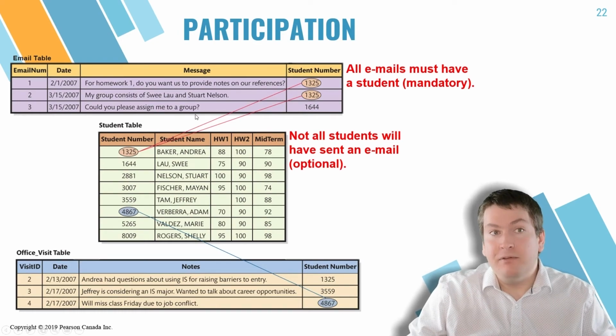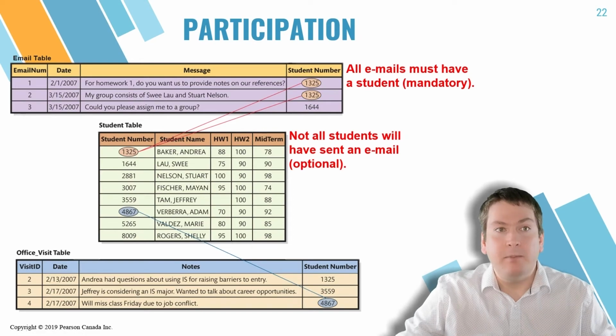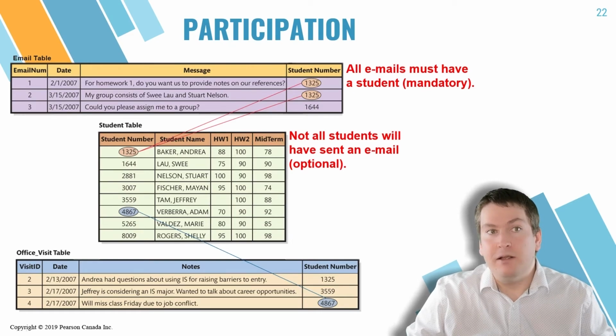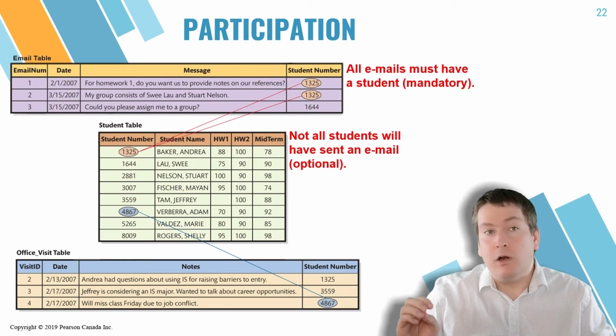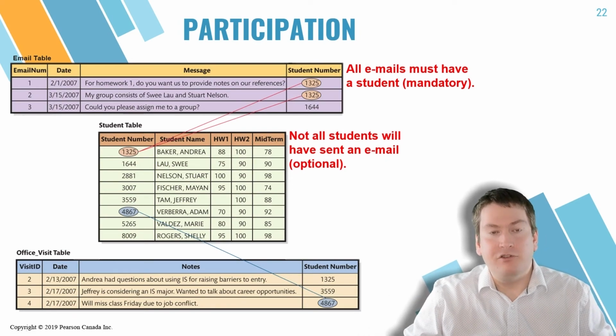We could have many students in our database that never send an email to the course professor. But if we look at it the other way, from the email perspective, every email has to be part of this relationship. It's mandatory that it's part of this relationship with the student table, because every email has to have a sender. And in this case, we're assuming the sender is always a student. By participation, we're talking about, is it mandatory or optional that they're part of the relationship?